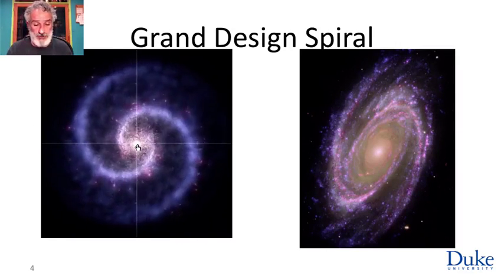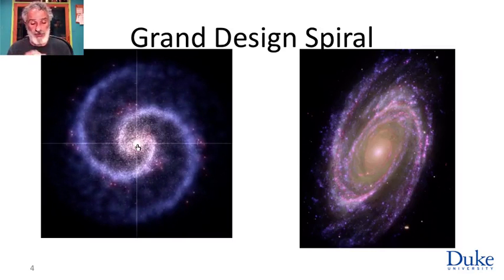And in the simulation, we see that the arms are stable, and we've also decorated them with blue stars and red H2 regions to make it look like this beautiful example on the right, M81, a classic, what is called a grand design spiral with very coherent spiral arms populated by lots of blue stars and lots of H1 regions, H2 regions, ionized hydrogen regions, where hydrogen has been ionized by the ultraviolet radiation from these new hot stars. And so the density wave model is a very successful model for describing these.